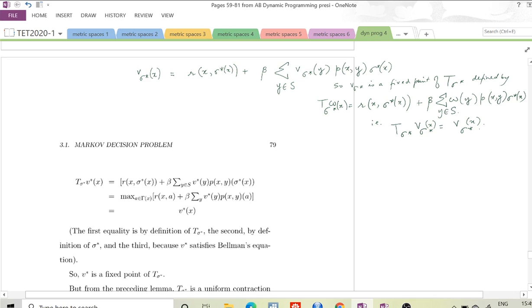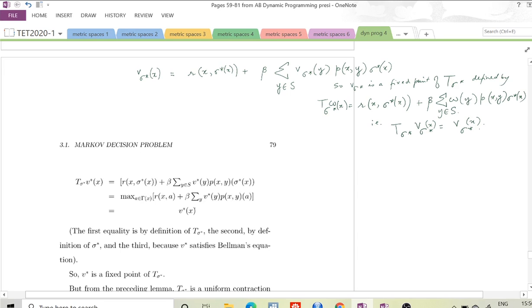But if you stare at this and recall that we defined sigma star of x to be the action that maximized the right-hand side of Bellman's equation, we can write this as saying that this value is the maximum over all feasible actions of the right-hand side of Bellman's. But V star satisfies Bellman's equation, so that's just equal to V star of x.